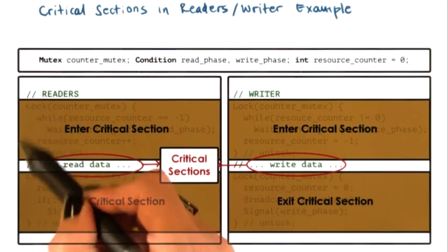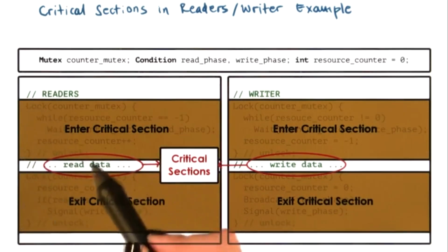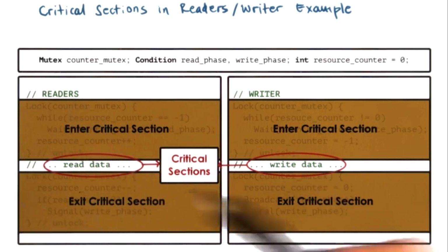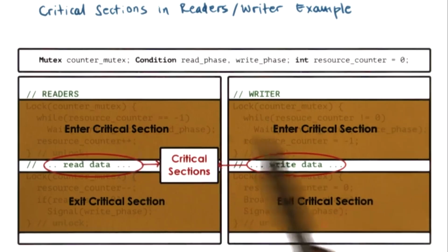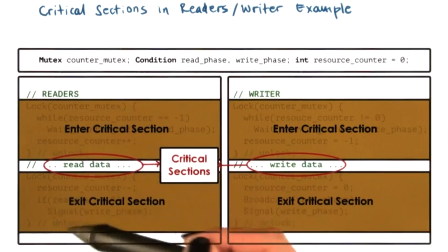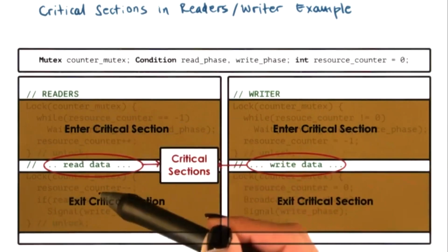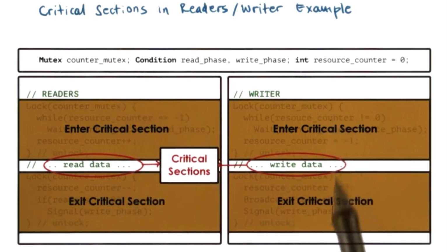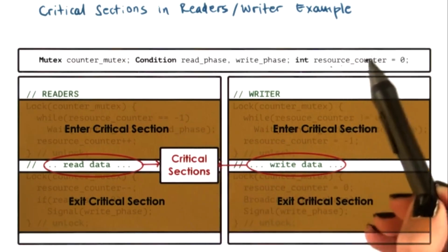So the code blocks that precede and follow each of these critical sections, both on the reader side that we outlined before and the corresponding ones on the writer side, these we call the enter critical section blocks and the exit critical section blocks. Every single one of these blocks uses the same mutex, counter mutex, and so only one thread at a time will be able to execute within these code blocks, except that in these code blocks, we only manipulate the resource counter variable.